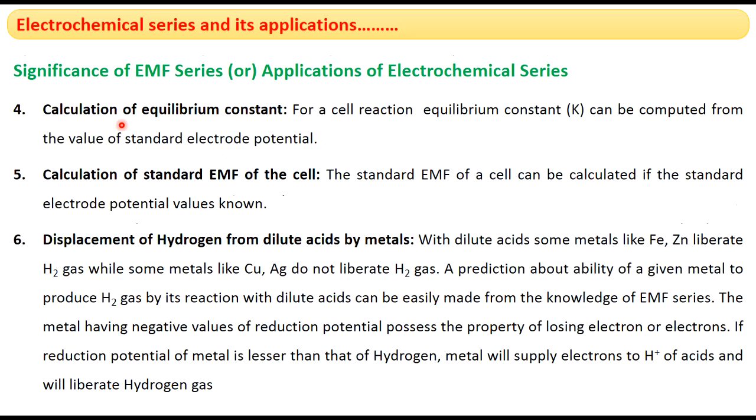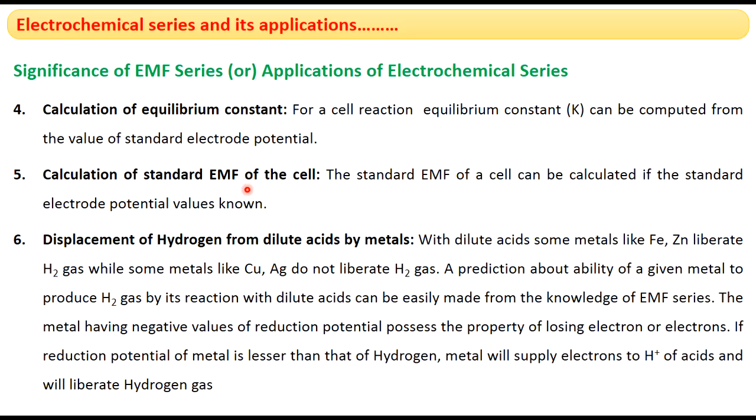Another application of electrochemical series is calculation of the equilibrium constant for a system. For a cell reaction, we can calculate the equilibrium constant K value if we know the standard electrode potential value of the cell reaction.